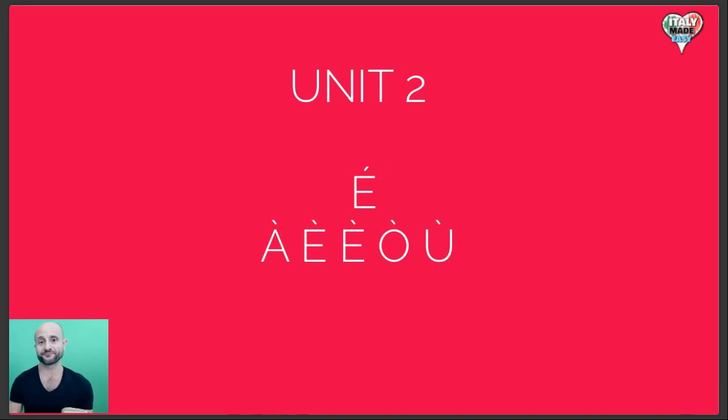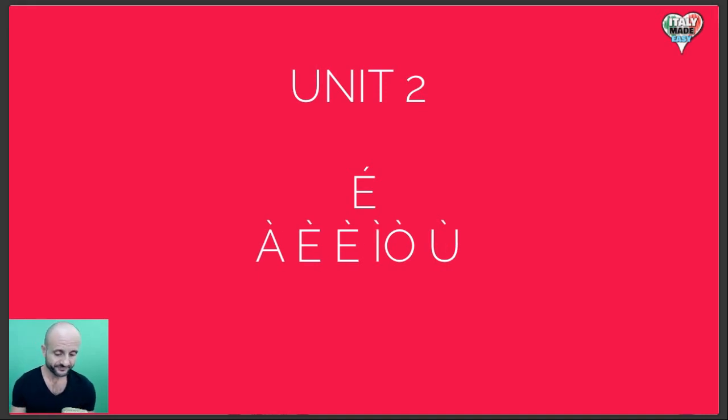The way this corresponds to sound, because that's what you want to know, is whenever you have a word with an accent, you're going to open up the vowel. But a only has one pronunciation, so a is going to sound a even with an accent. U is going to sound u even with an accent. I with the accent is still going to sound i.